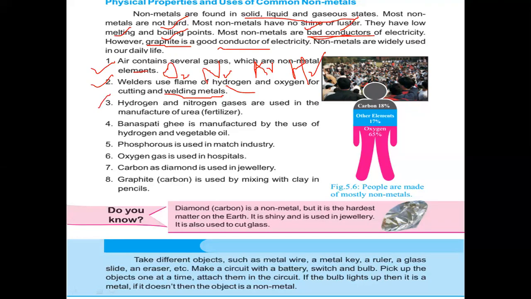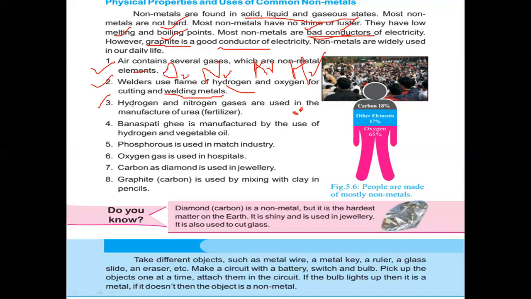Number three, hydrogen and nitrogen gases are used in the manufacture of urea fertilizers. Urea fertilizers are round structures, like grains or beads, which we use on plants, and the fertilizer gives them nutrition so they grow well.